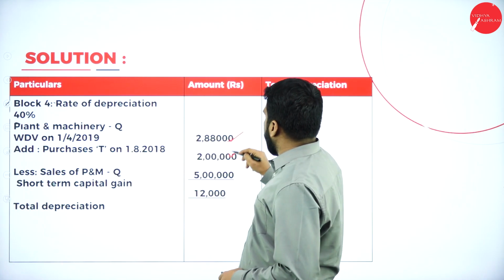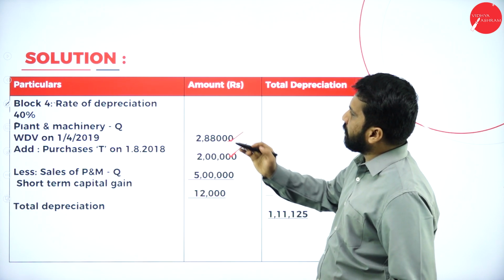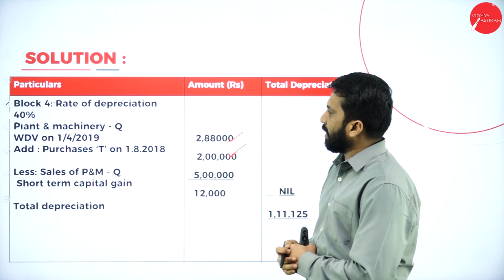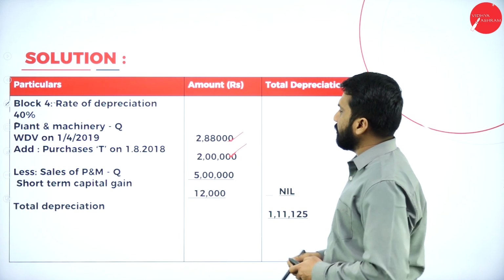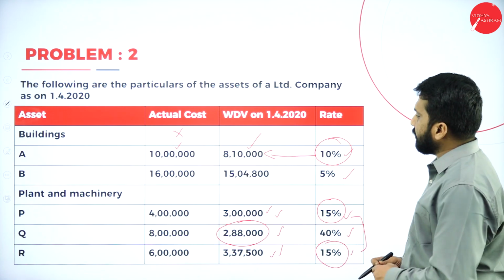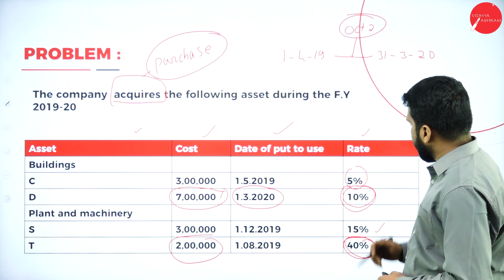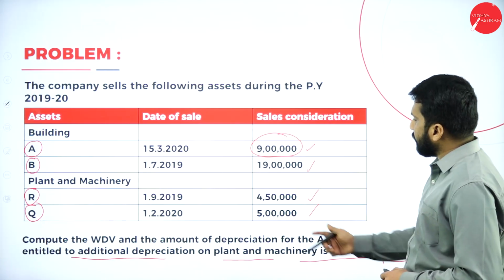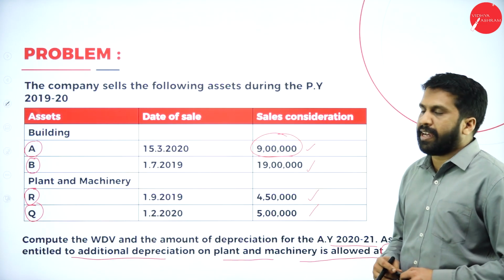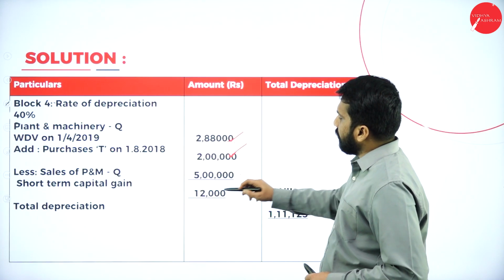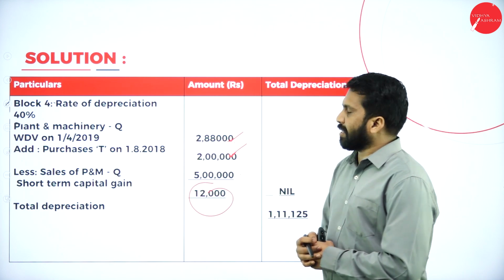Yes. So now we have these two. Like you have the rate of depreciation, like plant and machinery, we have 2 lakh 88,000. That is your opening balance. I'll show you that. So 2 lakh 88,000 you got as opening balance. Is there any purchase? Yes, we have a purchase of around 2 lakh. Sales, yes, we have a sale of 5 lakh. Now, opening balance plus purchases minus sale, you got around 12,000.